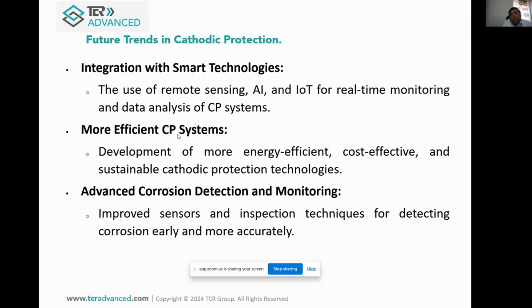You can even install coupons, you can install probes, and real-time corrosion data can also be identified and taken based on a corrosion coupon or a polarization coupon. So these are the future trends. Even in industries, people have started implementing these types of installations as well.